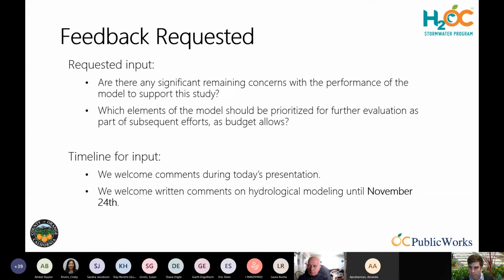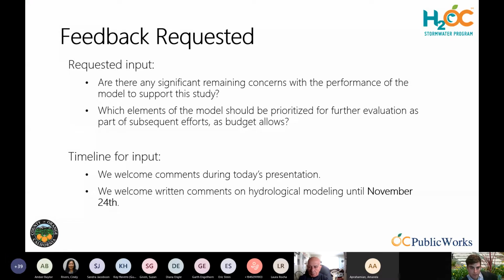And then clearly any model can continue to improve with more data, with further evaluation of elements. And so we can also create a parking lot for things that should be prioritized in the future if there's ongoing budget to revisit those. So that's the essence of what we're hoping to get from you today.